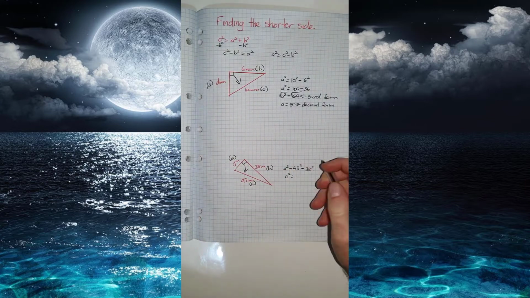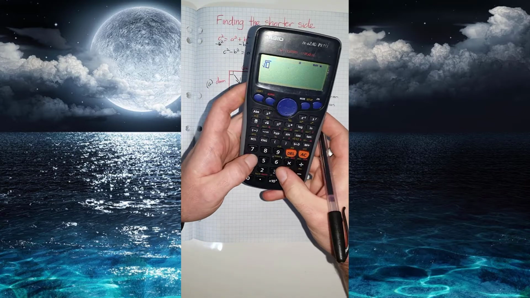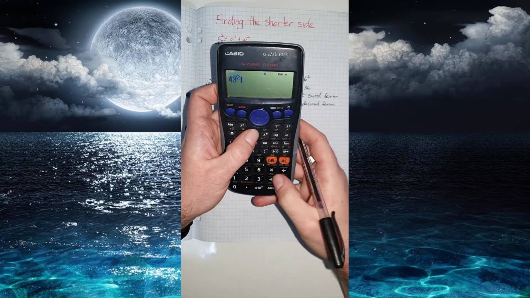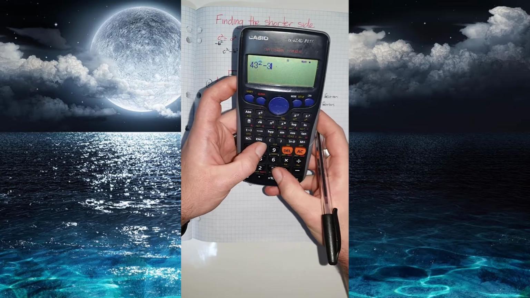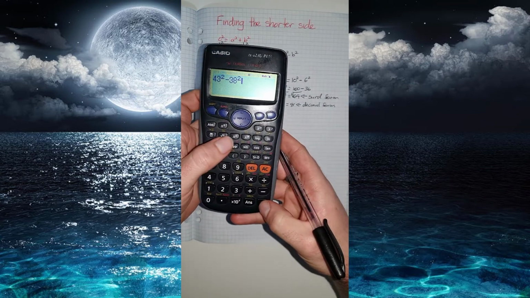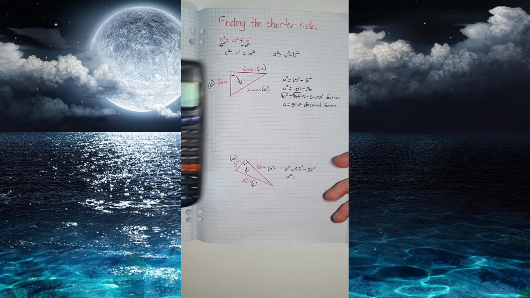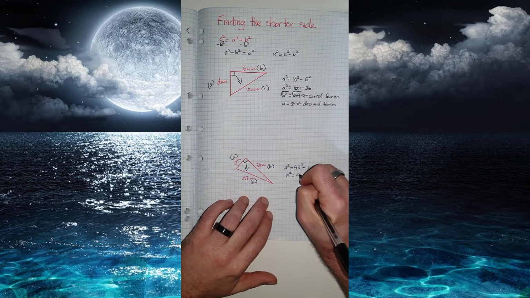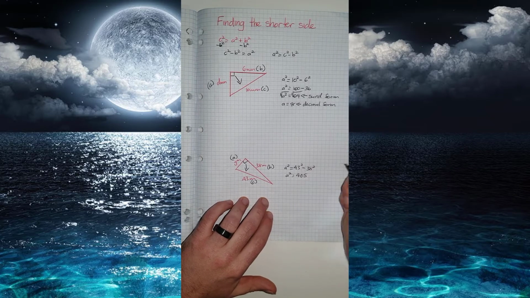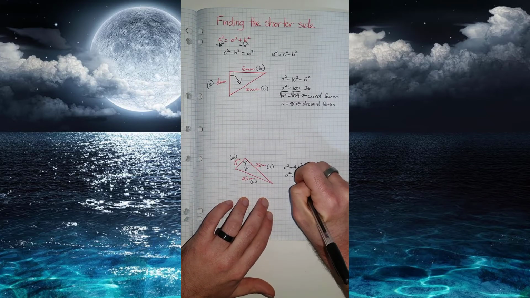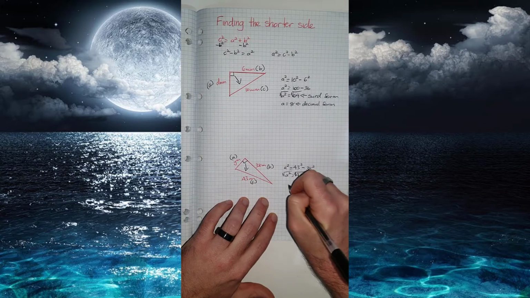Now let's do that in one step in our calculator. So 43 squared minus 38 squared. So 405. Now let's square root that.